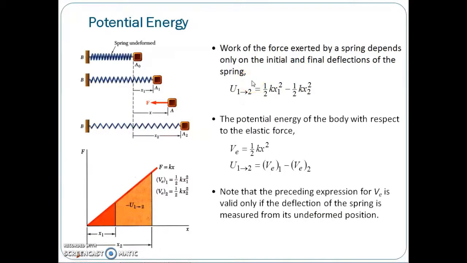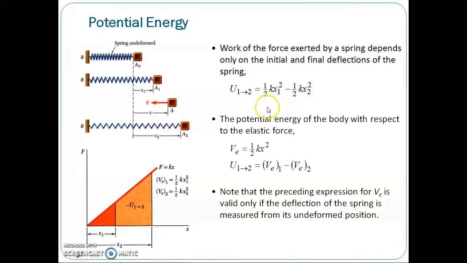If we now consider a body attached to a spring and moving from a position A1 corresponding to a deflection x1 of the spring to a position A2 corresponding to a deflection x2 of the spring, the work of the force F exerted by the spring on the body is defined as U1-2 equals 1/2 k x1 squared minus 1/2 k x2 squared.